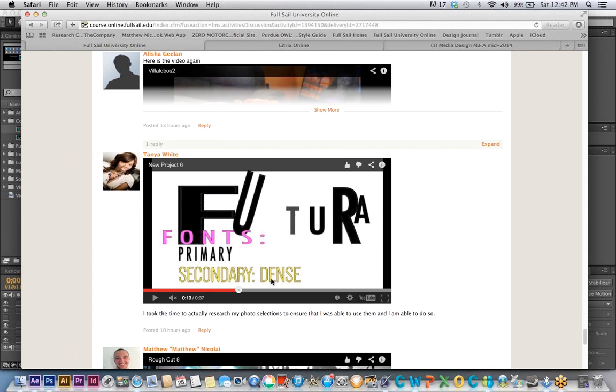So we go, okay, this is fonts. And then you have the word primary, and where you had it before at the top was fine. Primary comes up at the top, and we read, oh, primary. Then have your Futura animation happening, and then it finishes, and we go, oh, the primary is Futura. Then you have secondary pop up, and then dense pops up.